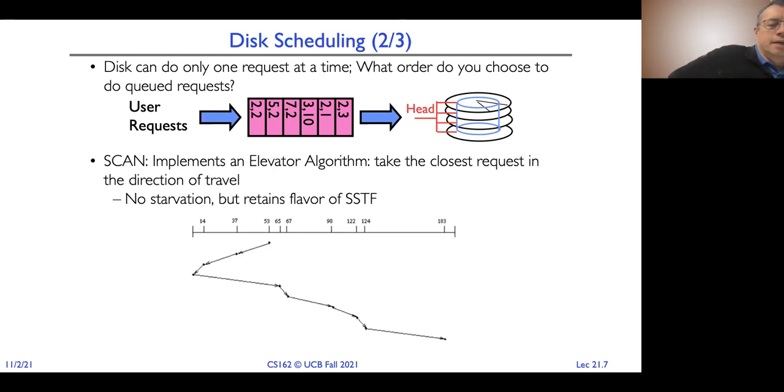So here I say no starvation, but it still retains a flavor of shortest seek time first. Why is that? Tell me, why do we still have a problem with SCAN? By the way, it's also called the elevator algorithm. Can you think about it, does SCAN exhibit any unfairness? And why, if yes?